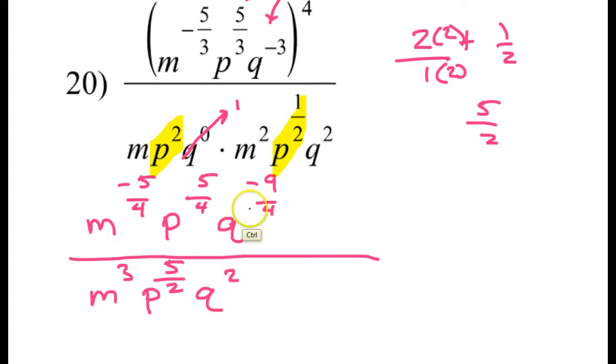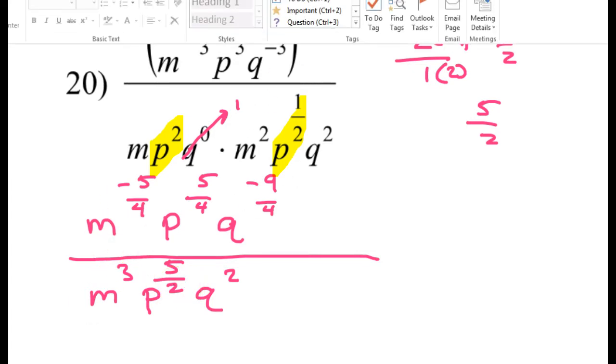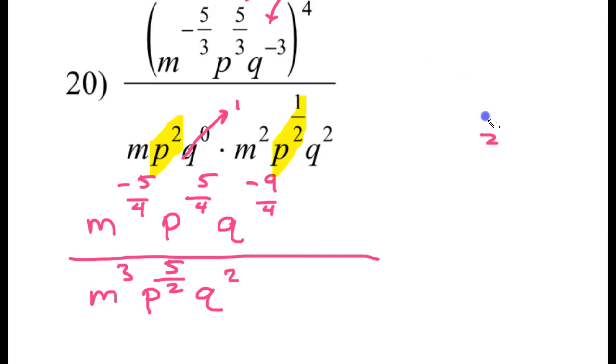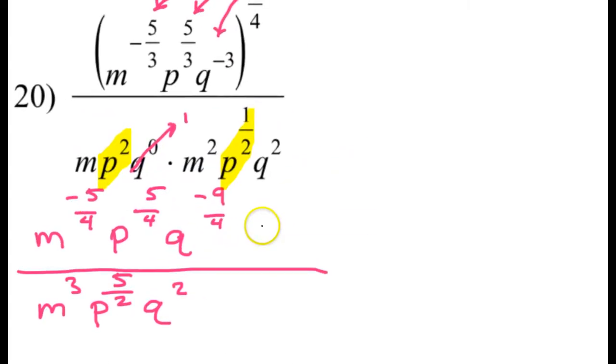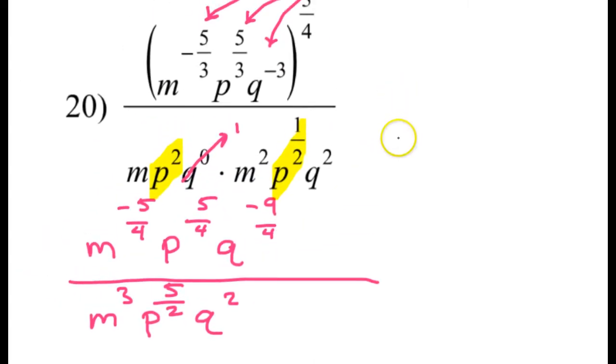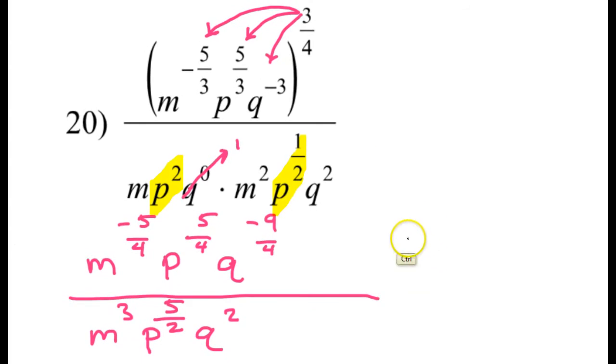So now I've done the numerator and I've done the denominator. Once you've done that, it's time to divide. Now whenever you divide, you must subtract the exponents. Looking at the m's, I have negative 5 over 4, and I need to do minus 3 over 1.